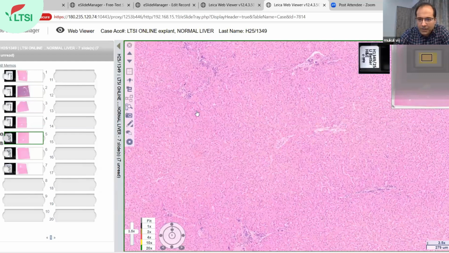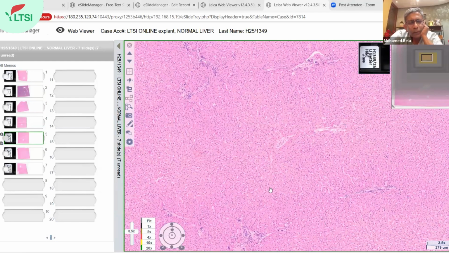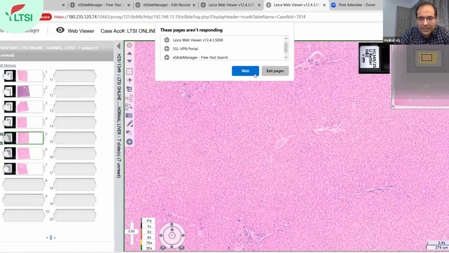Thank you. So I'll share my screen. Is this visible? Yes. I'm not able to move it. I'm not able to zoom in and zoom out. It's not responding. Should I wait?